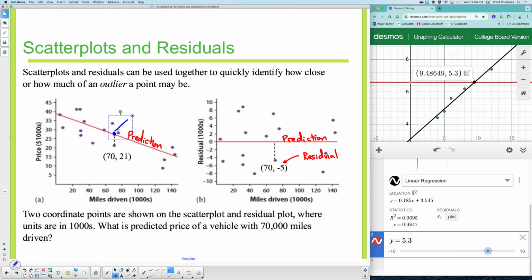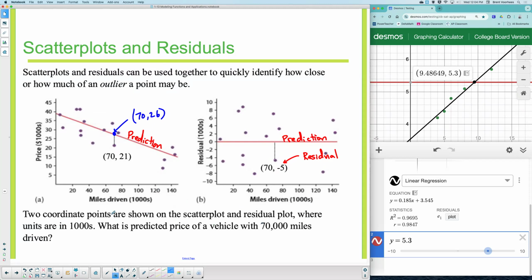What would be the coordinates of that predicted amount? Does anybody know? 70, 26. How'd you get 70, 26? Well, using the residual, how much was it off? 5, and it was 5 underneath, which means this point's got to be 5 above. What's 5 above 21? 26. Does that make sense? That's how a residual works.